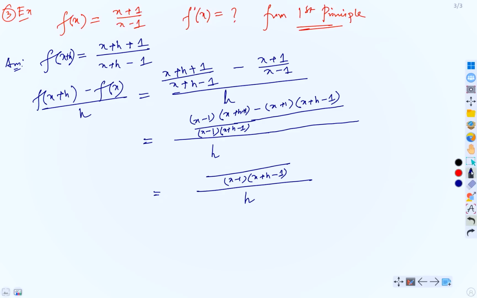Let me use some different color. We have x square. I am just simplifying. That's all. Okay. See x square. It is simple. x square minus x plus hx plus 1 in this way.